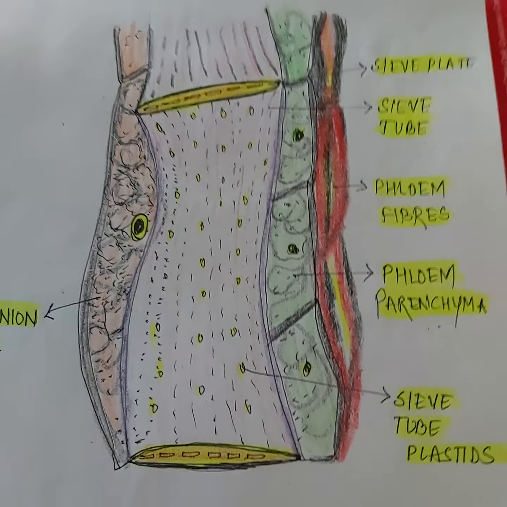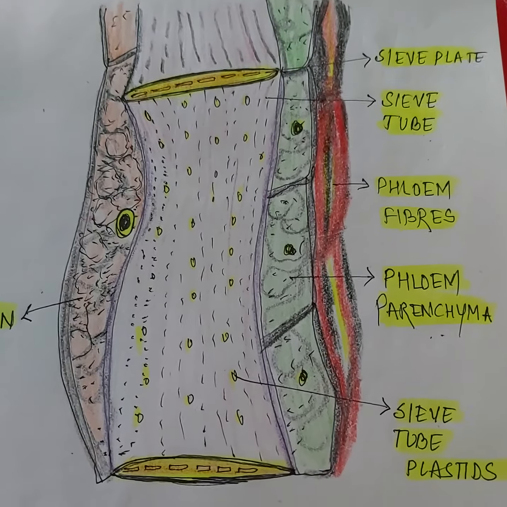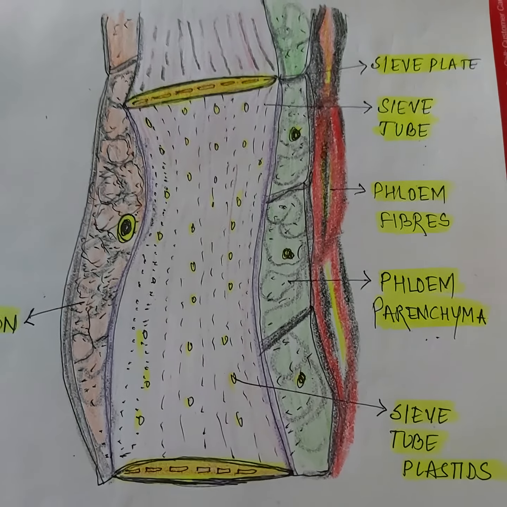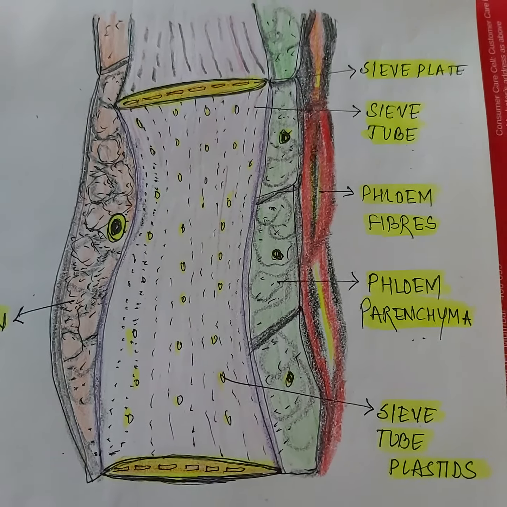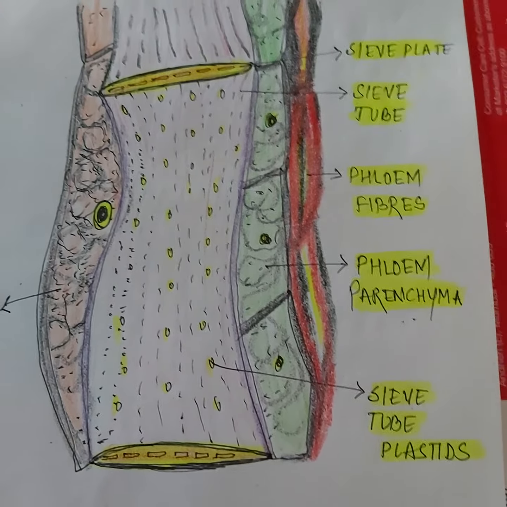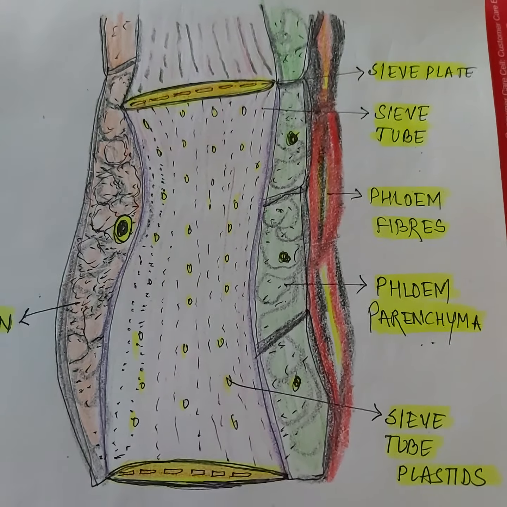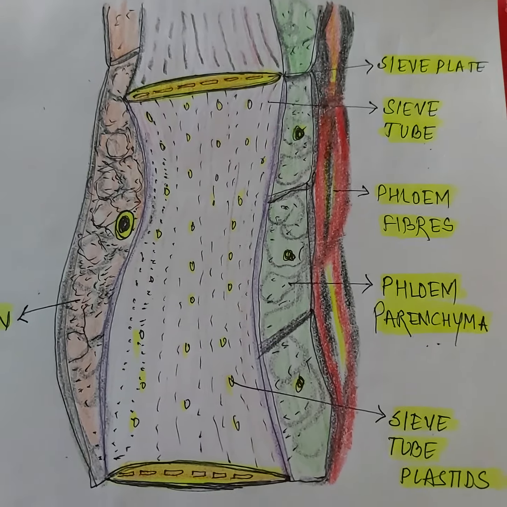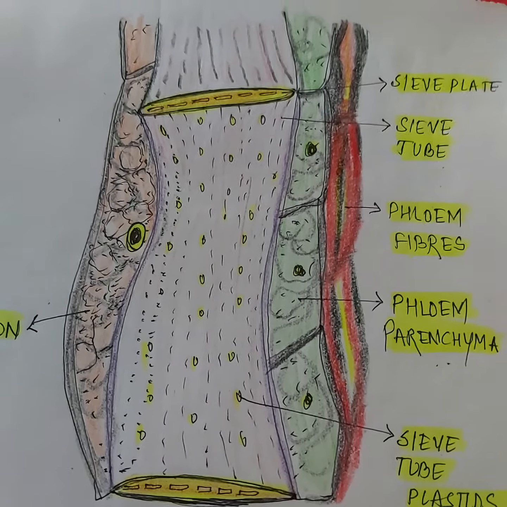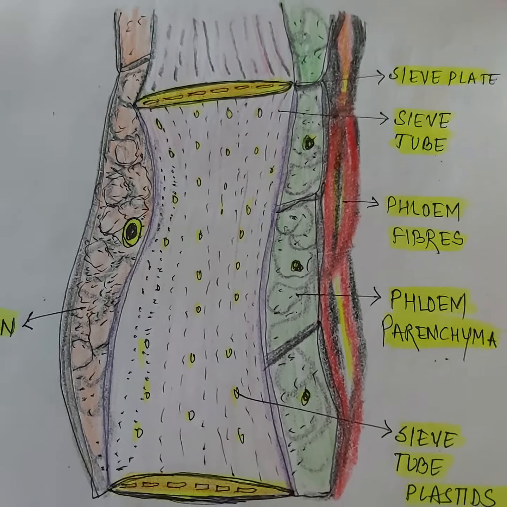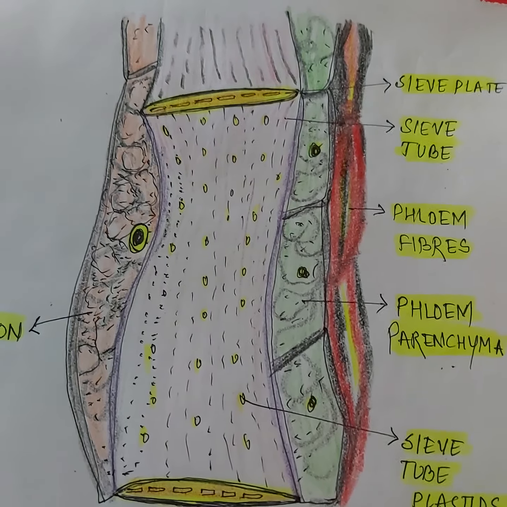Whenever regions of sink are developed, food moves from regions of higher concentration to lower concentration. This process of movement of food from the leaves to different parts of the plant where a sink is developed is called translocation of food.